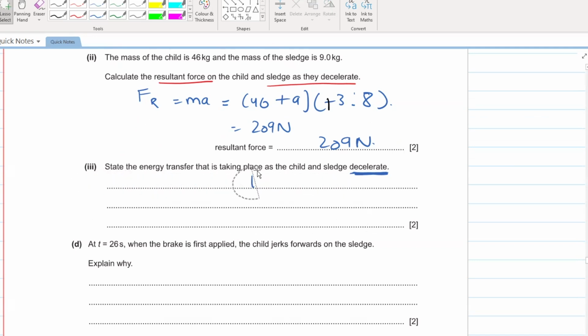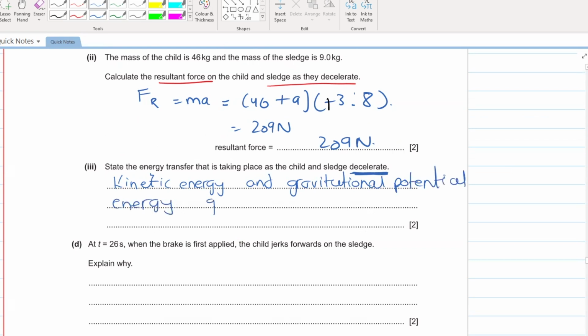You can say kinetic energy and gravitational potential energy gets converted into thermal energy.